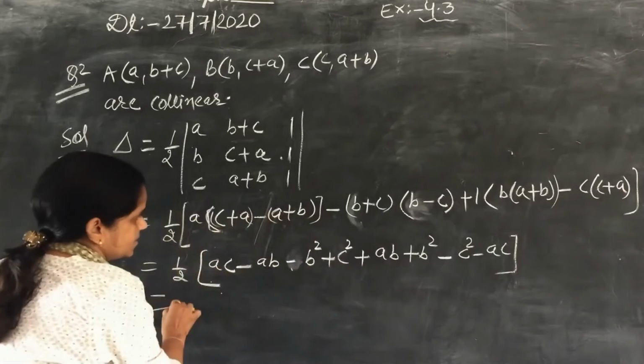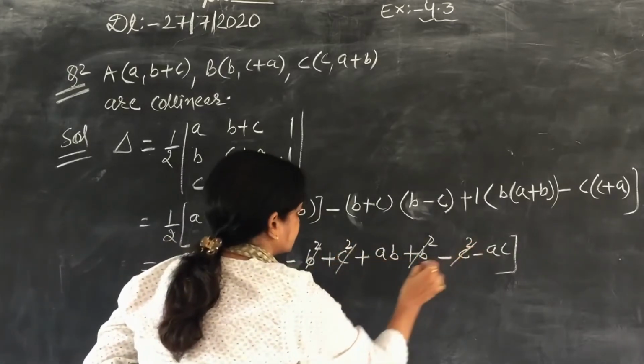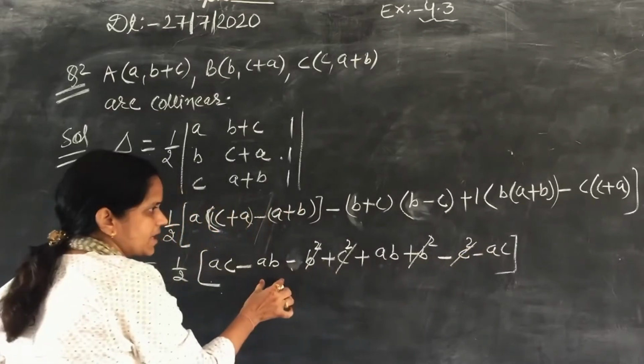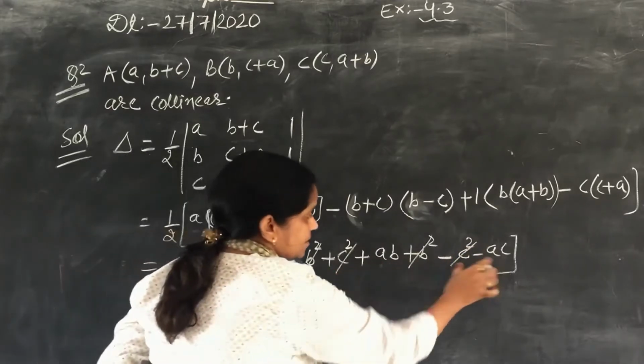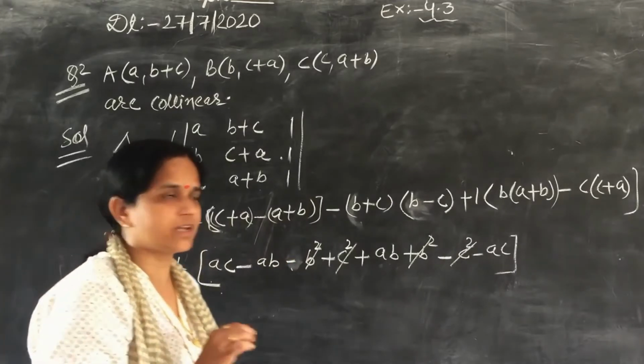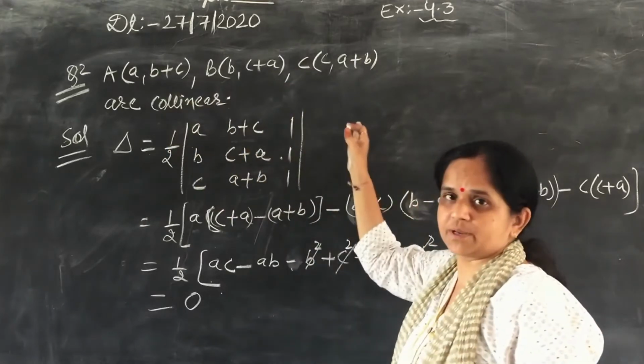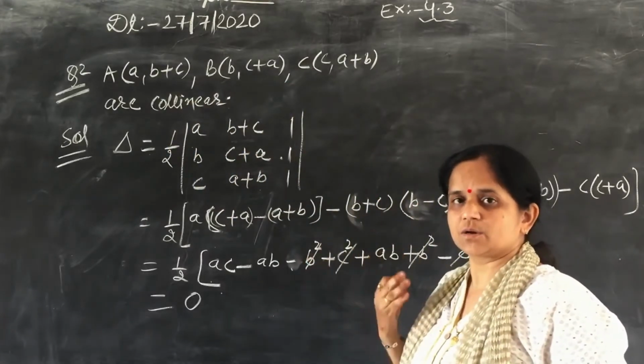Okay. And now B square will cancel, C square will also cancel. It's plus AB minus AB plus AC and minus AC. So answer is 0. Okay. If answer is 0, then these points don't make a triangle, points are collinear.